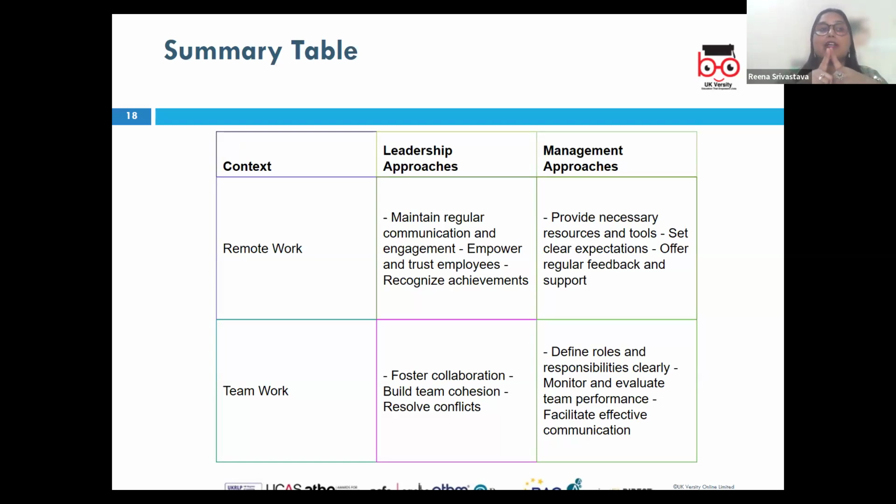Leaders must prioritize clear communication, empowerment, trust building, and providing necessary resources to ensure that the employees are connected and empowered, regardless of their physical location, whether it's remote working or team working.